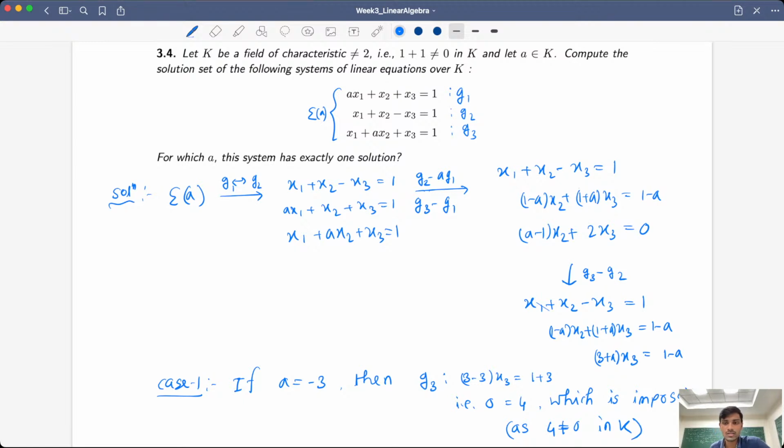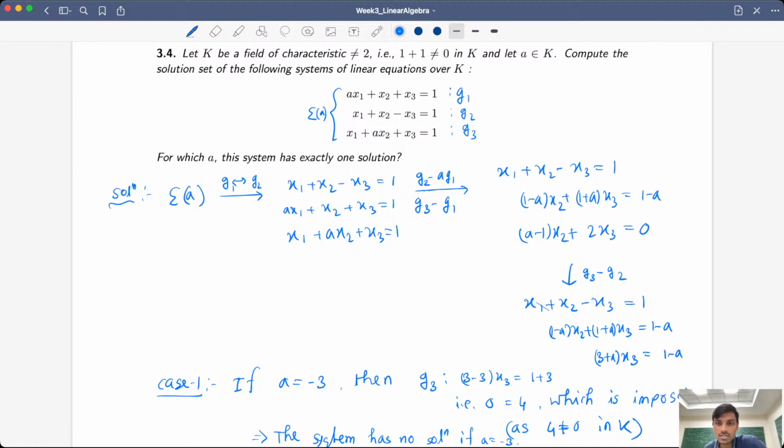Okay, so as this is impossible, this implies that for a equal to minus 3 the system has no solution.